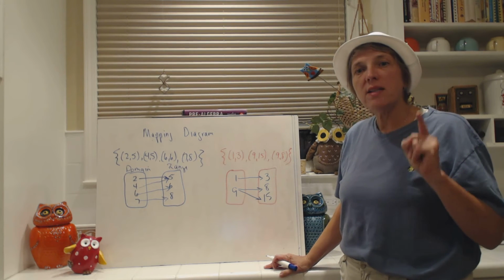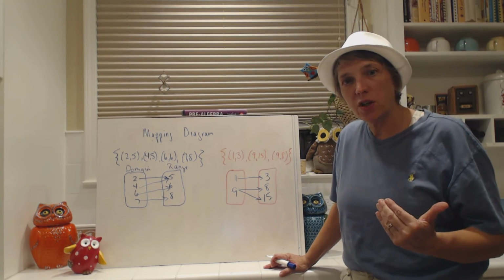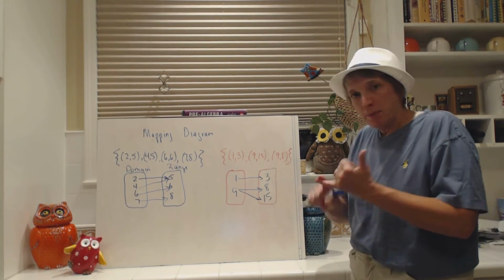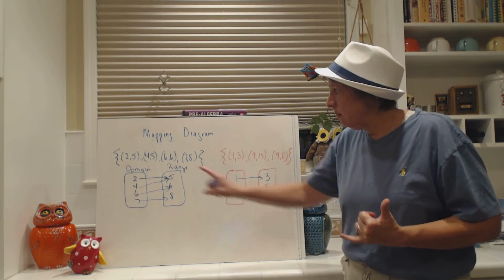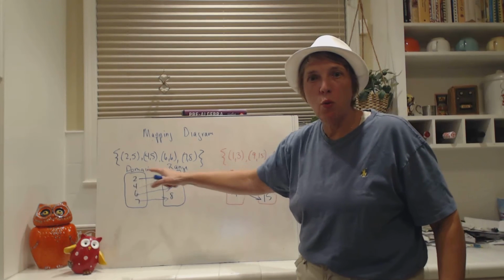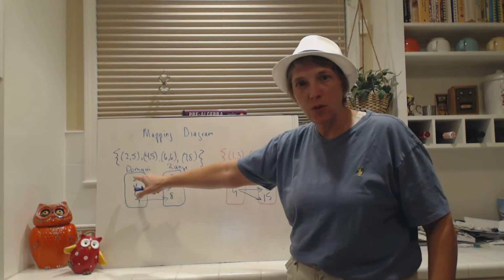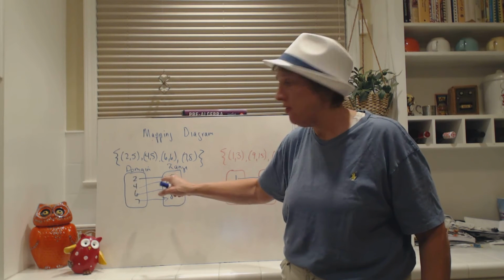So that is not a function because it doesn't meet the definition of function, okay? To be a function, the member of the domain can only be paired with one range. So this is 2, 5. This 2 from the domain only has one value with the x, y coordinate, and that's a 5.